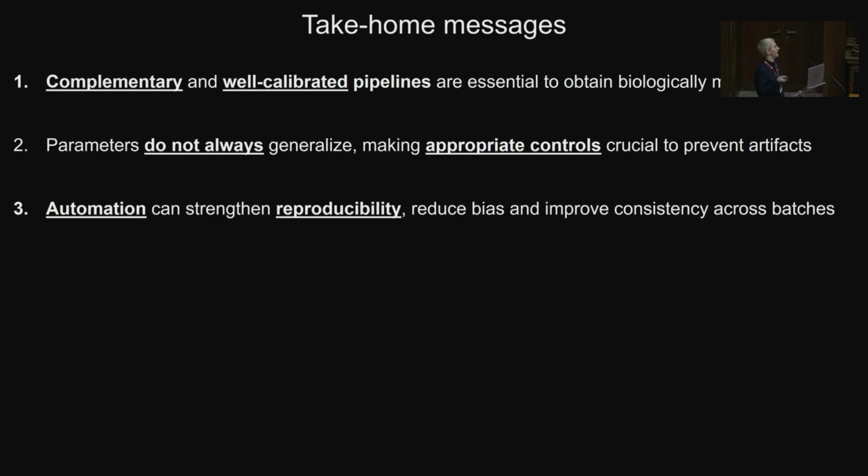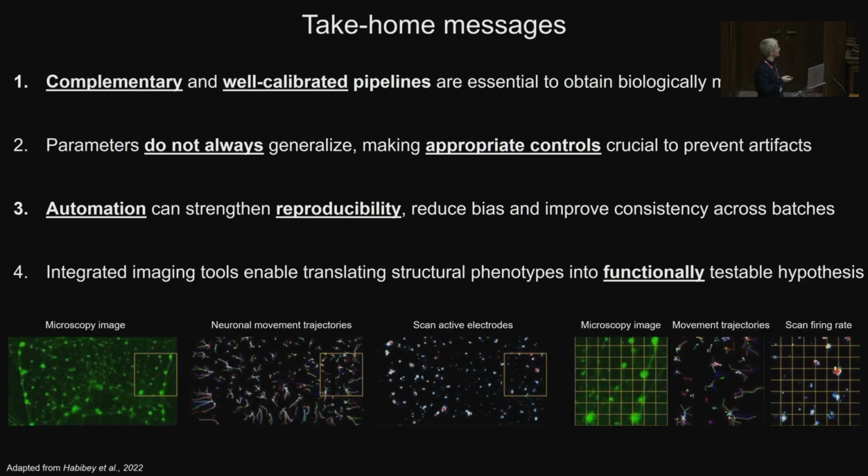Automation can improve reproducibility, which is what we are searching for, and also reduce bias. Finally, these structural imaging tools can be integrated with functional platforms, and in this way it is possible to move from structural phenotypes to functionally testable hypotheses.